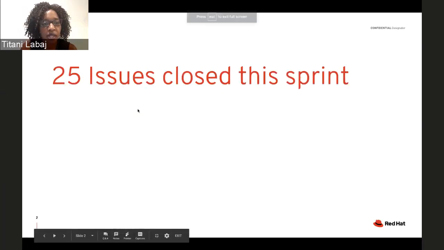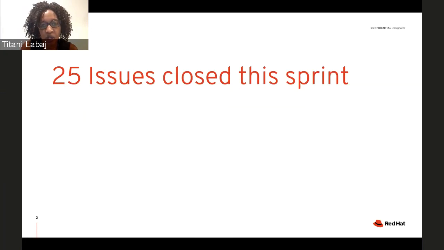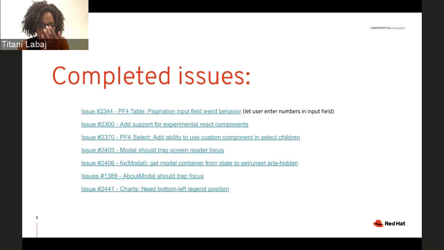Okay, so in Sprint 86, we completed or closed 25 issues. We closed an issue where the table pagination input field had weird behavior. So now it lets the user enter numbers in the input field. We added support for experimental React components.